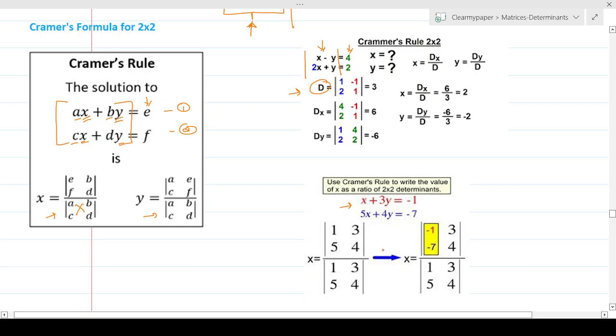And similarly over here, if you take the coefficient matrix which involves both the variables and is on the left hand side of the equal sign, or it could be on either side, but which includes both the variables. So basically taking the coefficients of both the unknown variables and forming a determinant of that is nothing but the value of D, which is in the denominator.